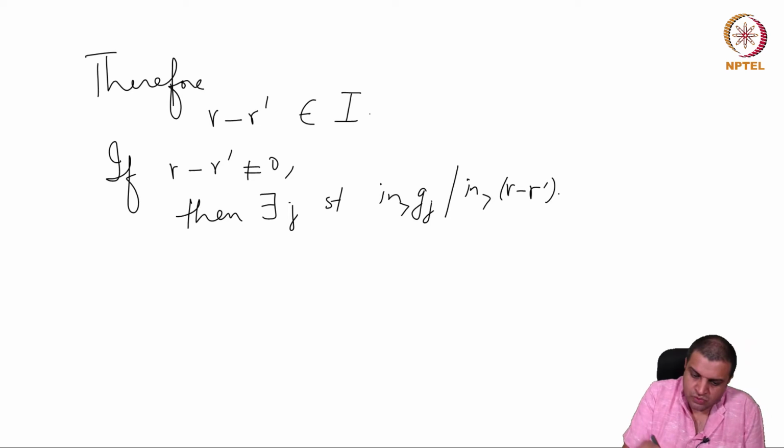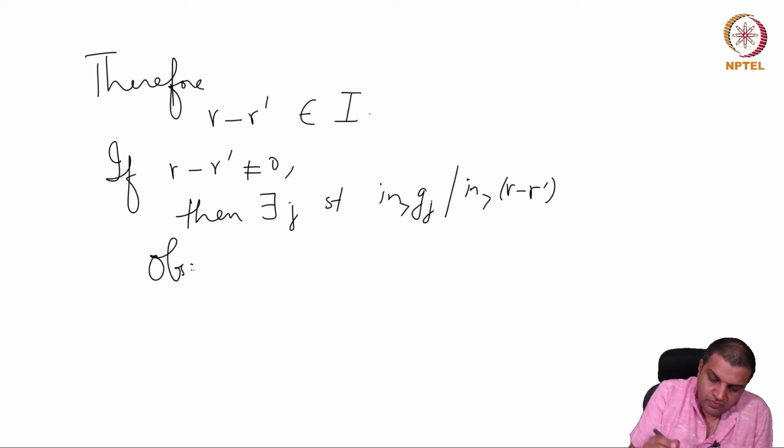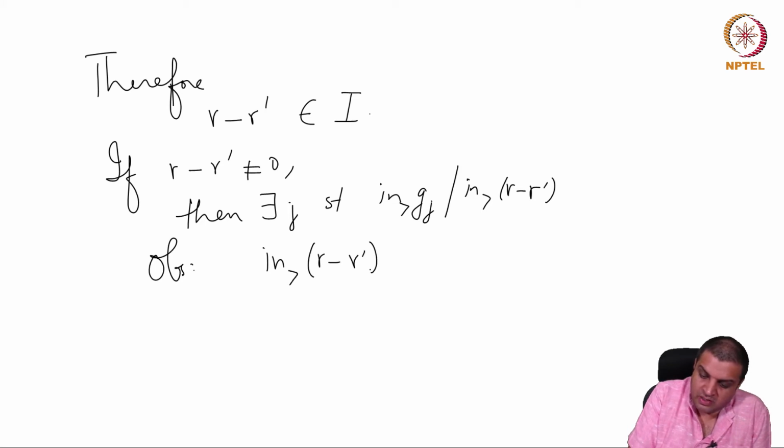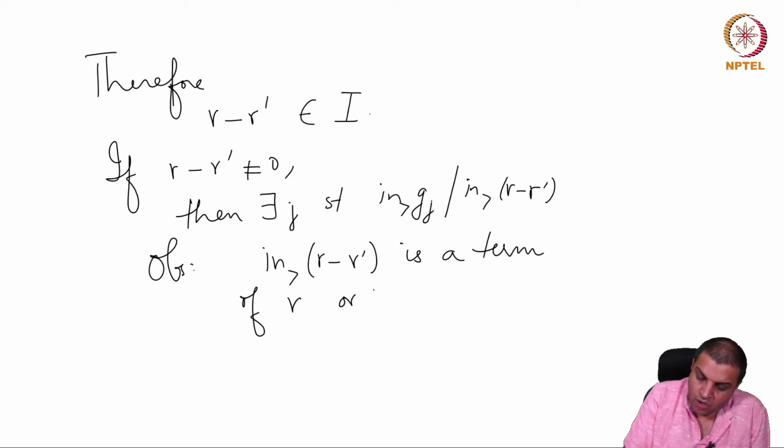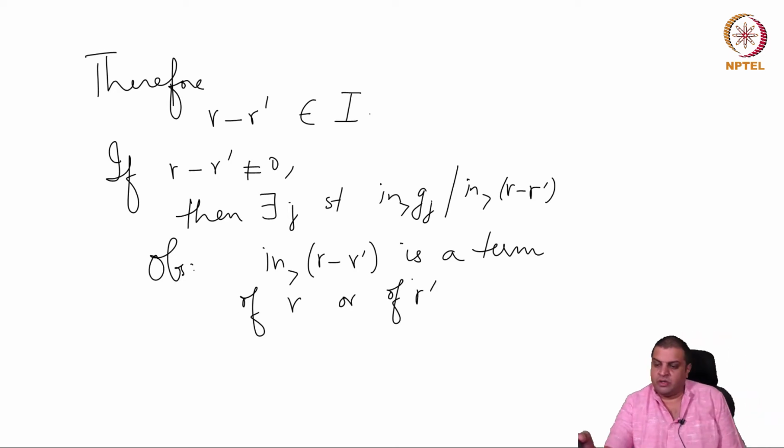Okay. So the observation is that the initial term of R minus R prime is a term of R or of R prime. Not necessarily the initial term, because it is possible that R and R prime had the same initial term and the difference cancelled it.